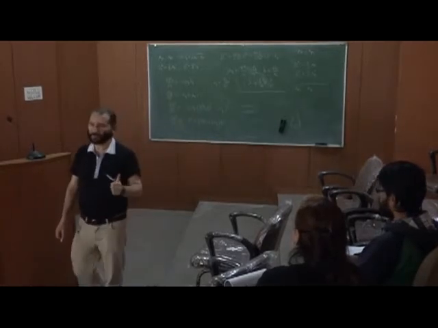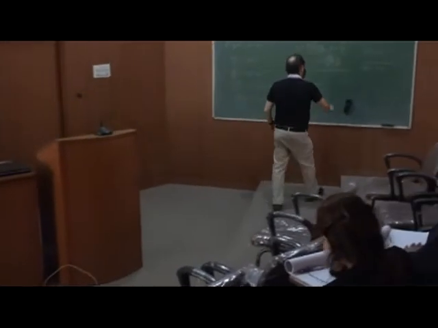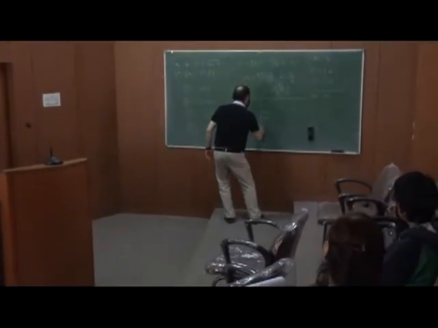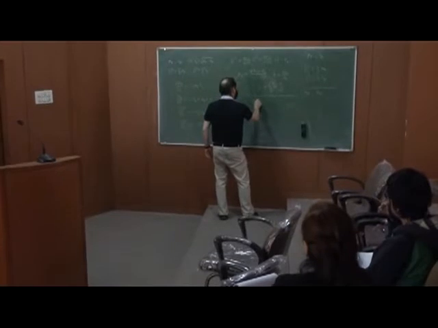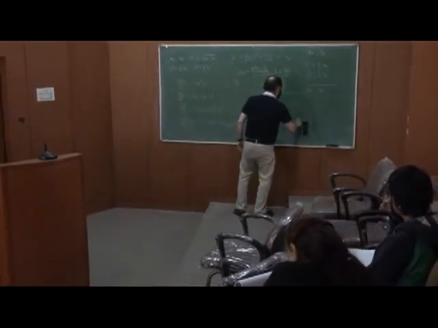But these initial conditions depend on R. So how do we implement them? Here we have our time axis, and here the R axis.